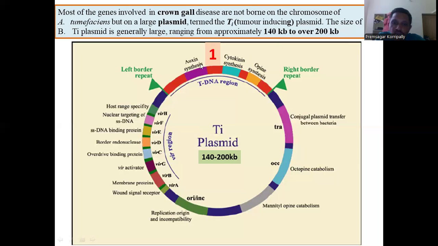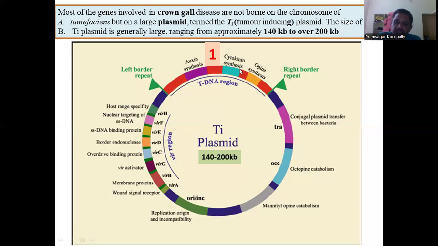In addition to auxins and cytokinins, there are genes responsible for opine synthesis also. Opines are unusual amino acids that serve as a nitrogen as well as carbon resource for Agrobacterium in plants.